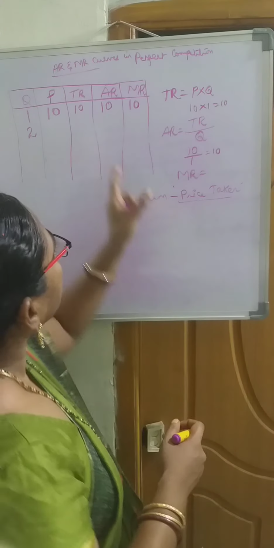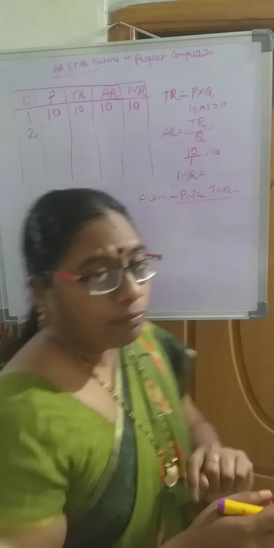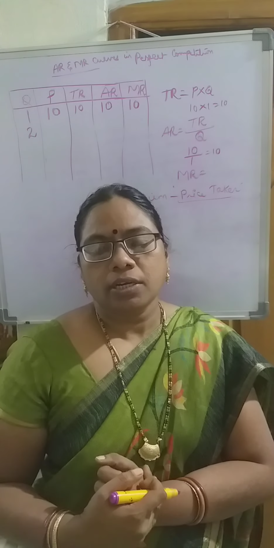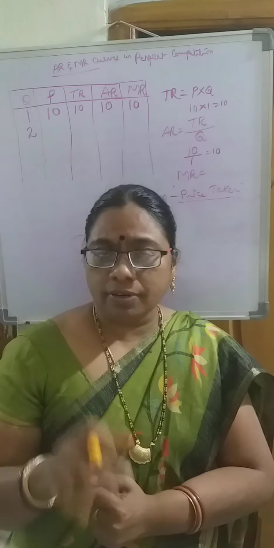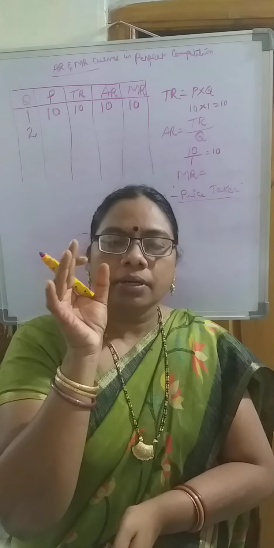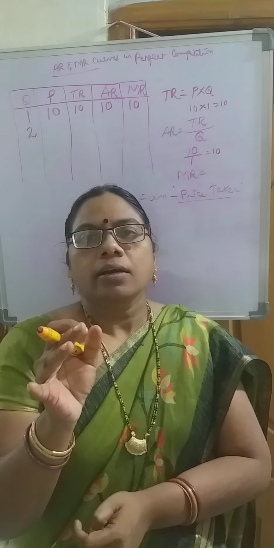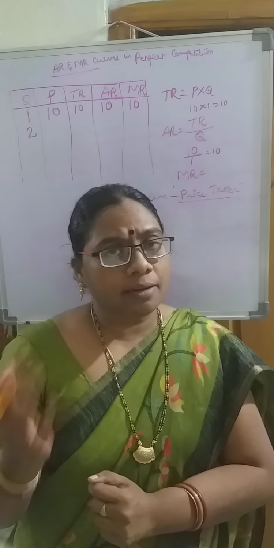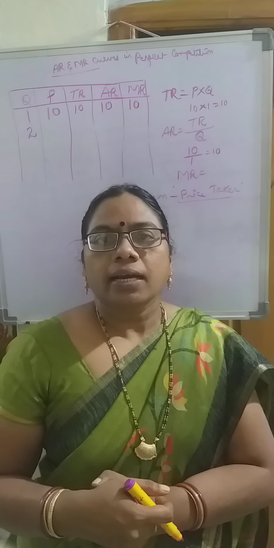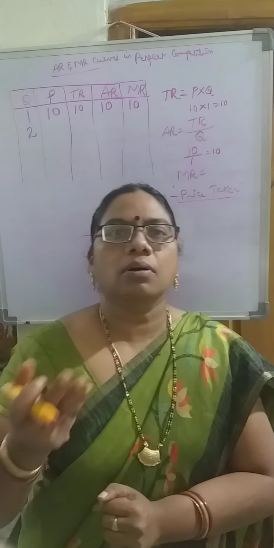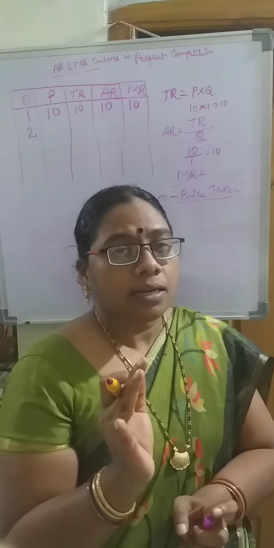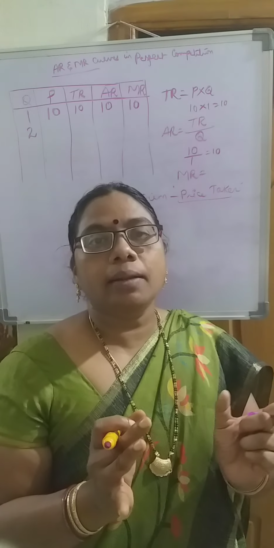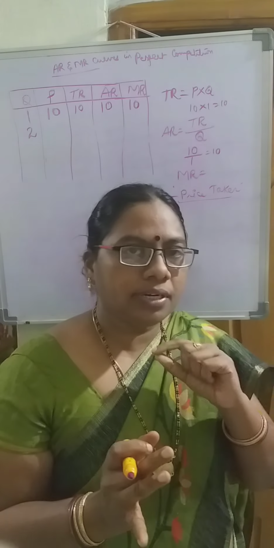So here there is no independence in price making for the firm, but the firm has a decision in the number of quantities it can sell. It can sell n number of products, but it cannot increase the price or decrease the price. It has independence in quantities, but not independence in price making. It's only a price taker.